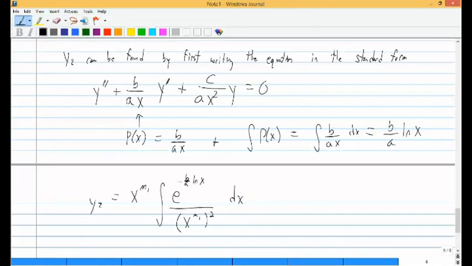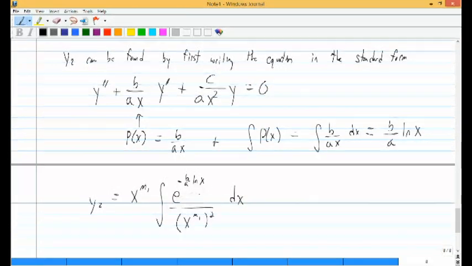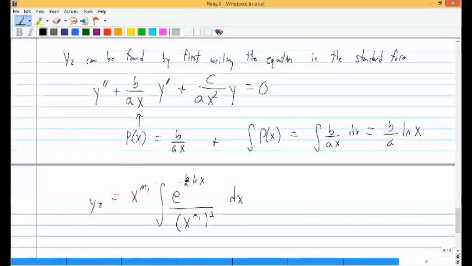Alright, so if you do that, I'm getting to a formula. You're not going to have to remember this formula. I'm showing you what the second solution would be with a repeated solution.